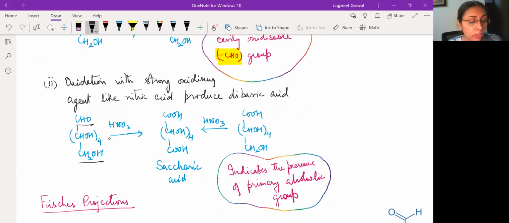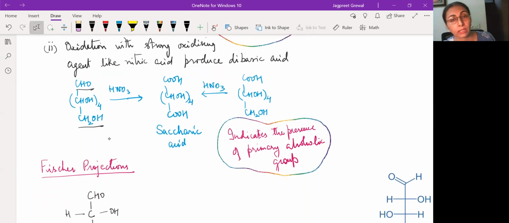So what does it show? It shows the presence of a primary alcoholic group. Primary alcoholic groups get oxidized to carboxylic acid, not the secondary. Since you get saccharic acid, that is 2 carboxylic acid groups at the terminal positions, it shows that one side is CHO and the other side is a primary alcoholic group.